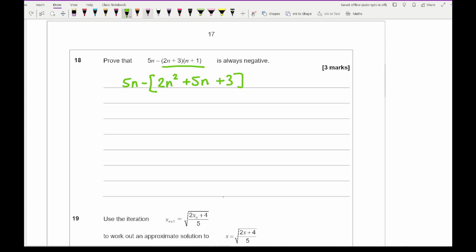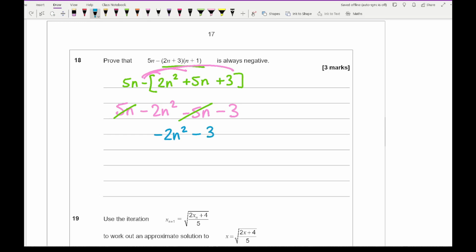Then taking this bracket out with the negative, I end up with 5n minus 2n squared minus 5n minus 3. Now in terms of simplifying this, the 5n's cancel out, so what I'm left with is minus 2n squared minus 3. Now what I want to do is then show that this is negative.